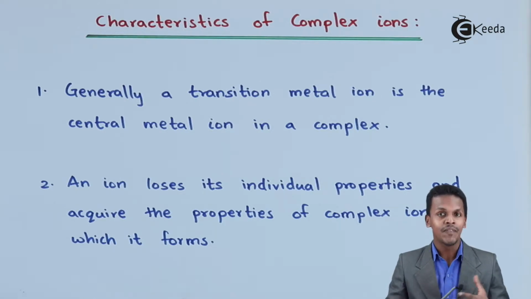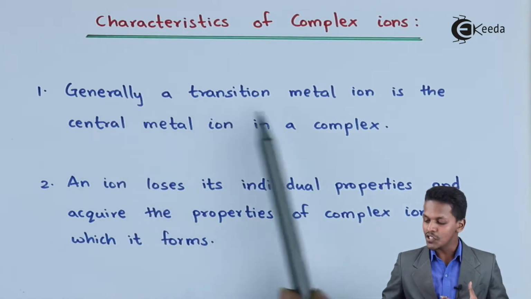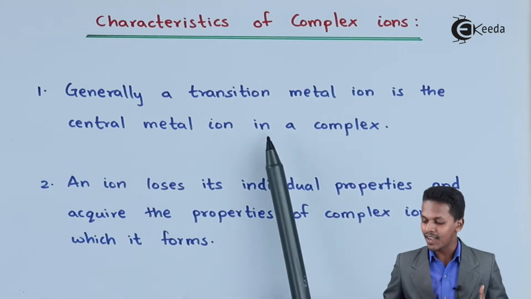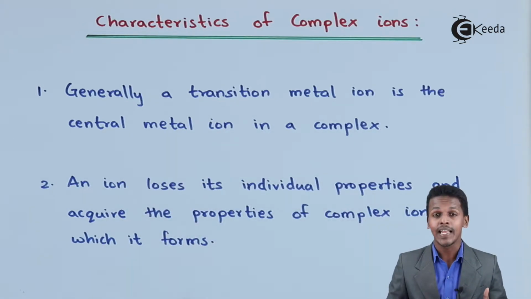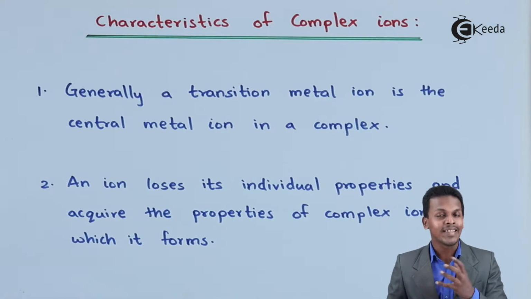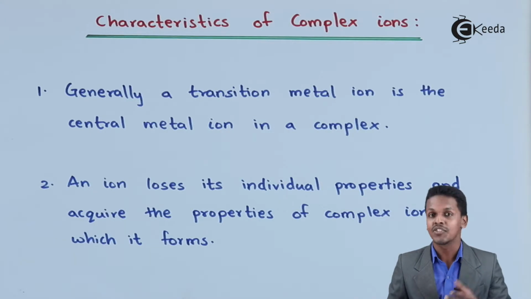Starting with the first point, generally a transition metal ion is the central metal ion in a complex. To form a complex, the central metal ion should be surrounded by ligands, but the central metal ion is usually a transition metal.